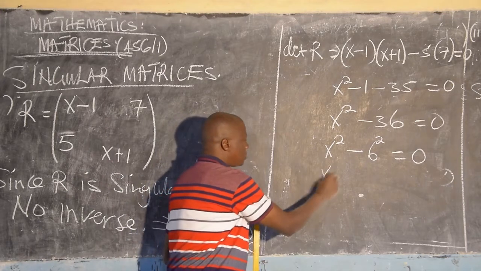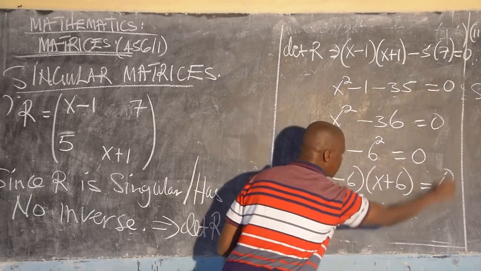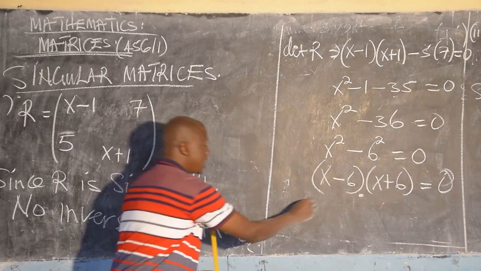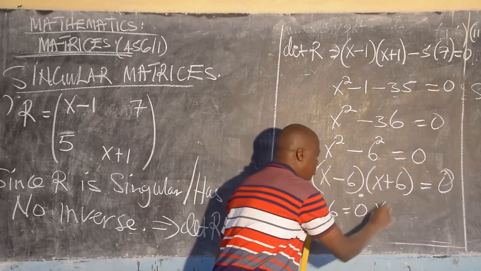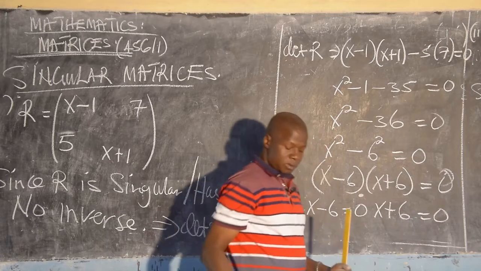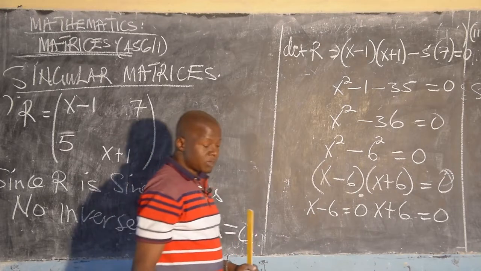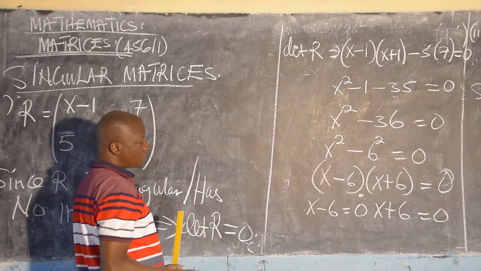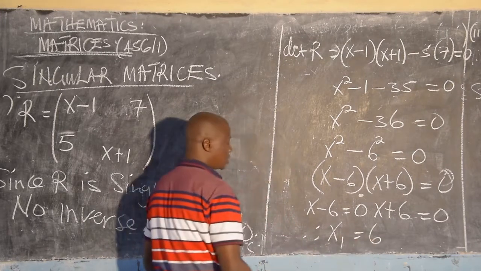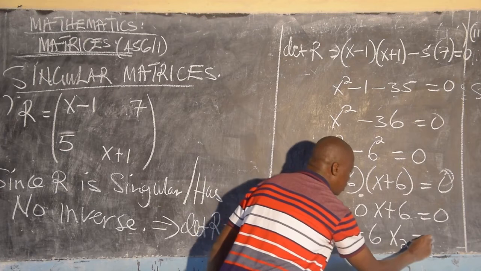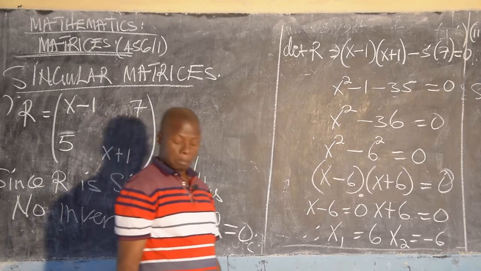We say that x minus 6 and x plus 6, either x minus 6 is 0 or x plus 6 is 0. We are interested in the values of x. Therefore x1 is 6 and x2 is negative 6. So those are 4 marks.